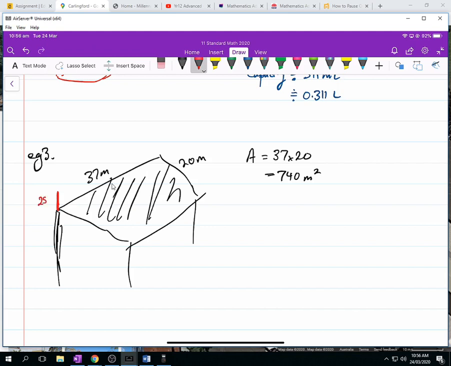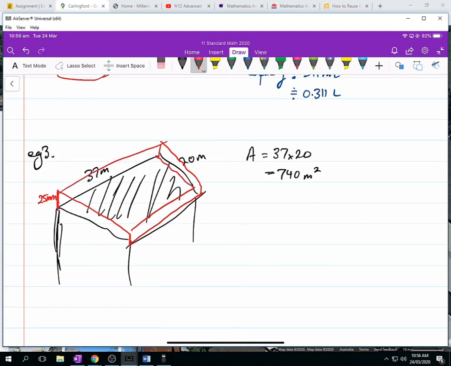Then what we can calculate is this prism of where that rain is all going to accumulate on the roof. We get a prism like this, and all of that's going to be rain 25 millimeters high over the day.